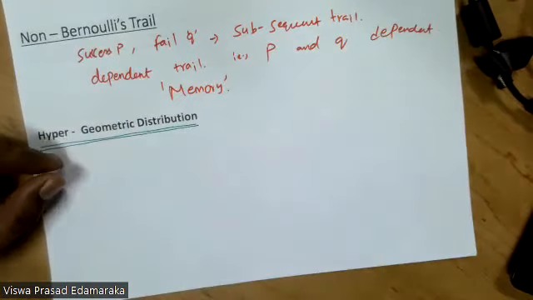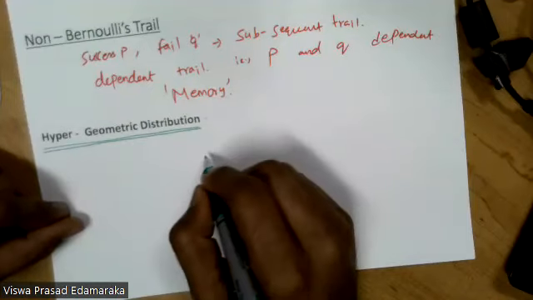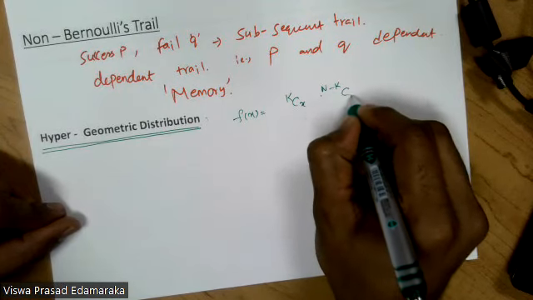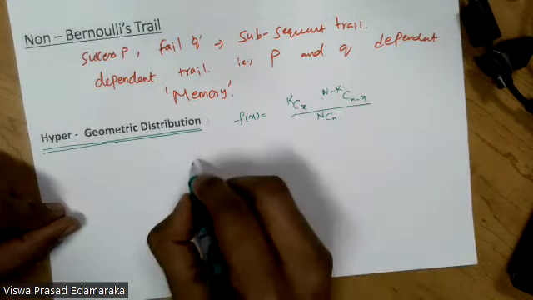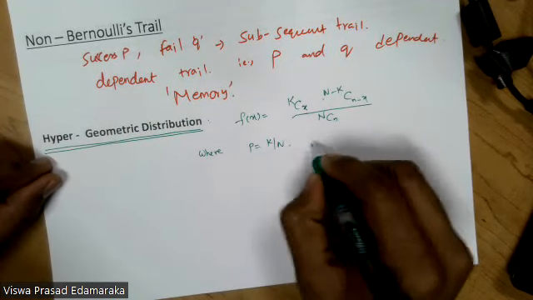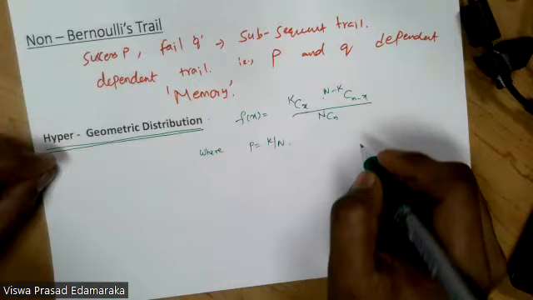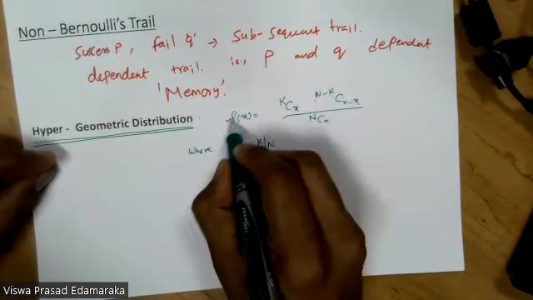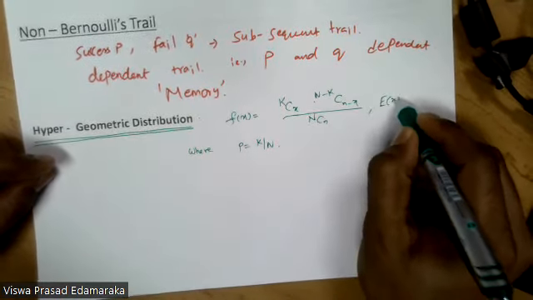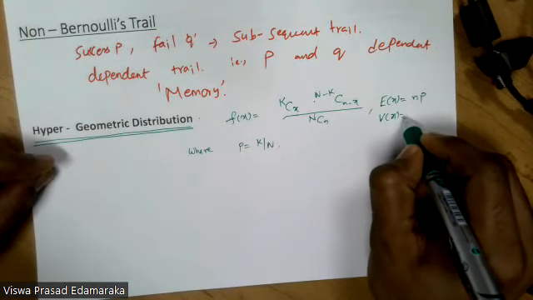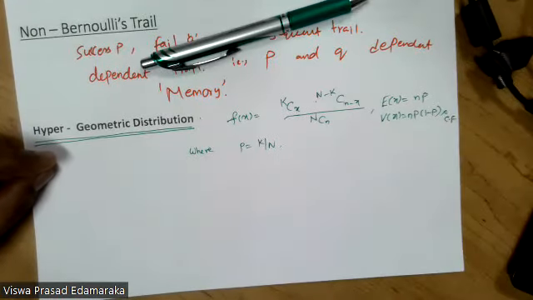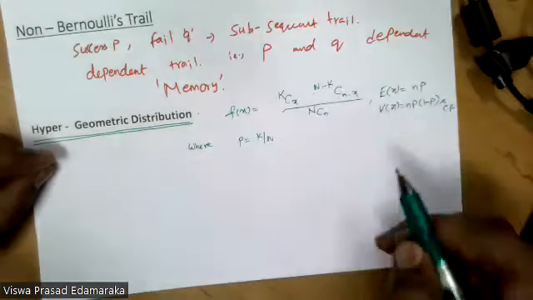Dr. Fred Tayari has given some formulae regarding hypergeometric distribution, like f of x equals KCx times (N minus K)C(n minus x), whole divided by NCn, where P equals K by N. For every distribution, we have three things: f of x, E of x, that is expectation of x, which is nP, and variance, which is nP(1 minus P) into the correction factor.